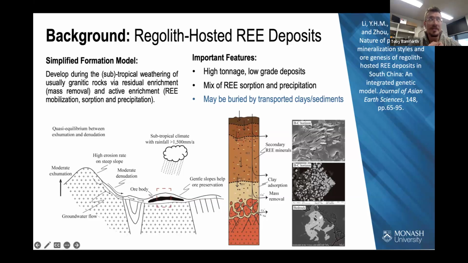But the main thing, at least in terms of this discussion and in terms of an Australian perspective, is that these deposits, with them being saprolites, in a weathered or regolith regime, can also be buried, right? In an Australian perspective, we all know that we have issues with buried deposits. And one of those issues for the rare earth element deposits is the focus of this talk and why we might want to use these analyses to define these deposits.